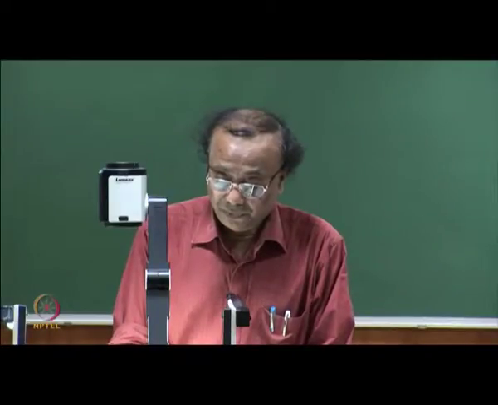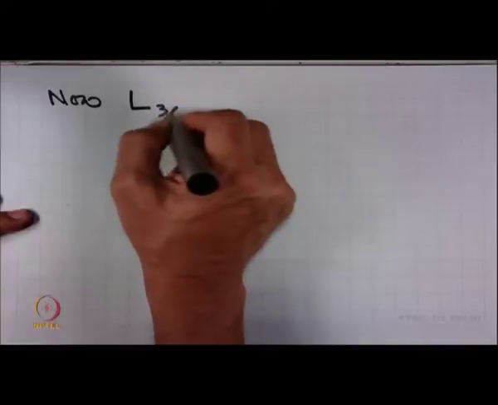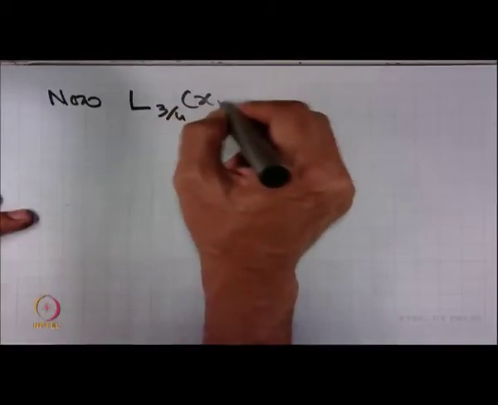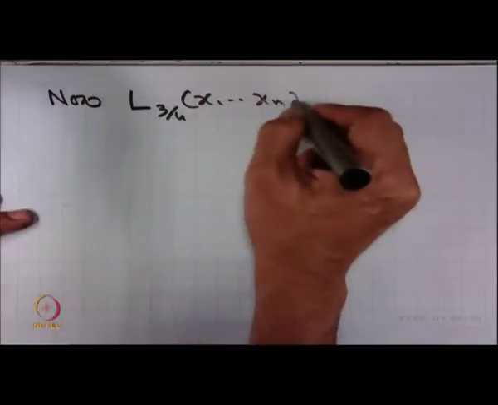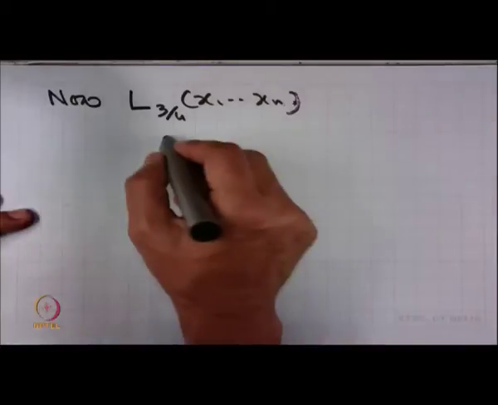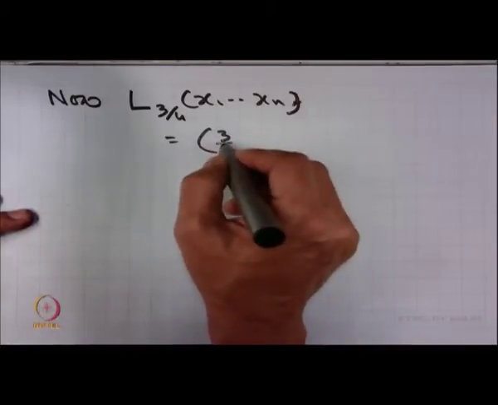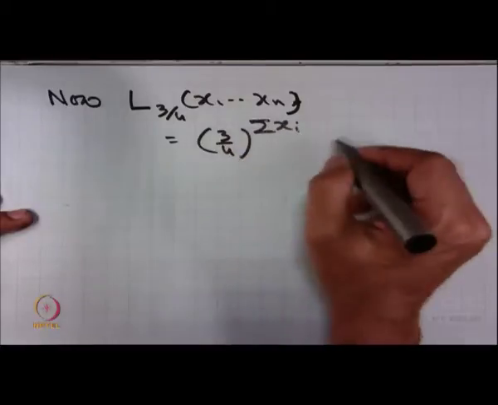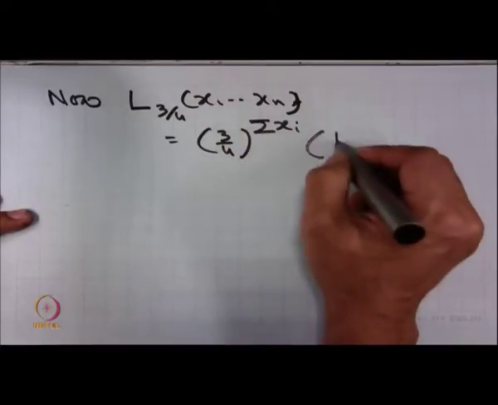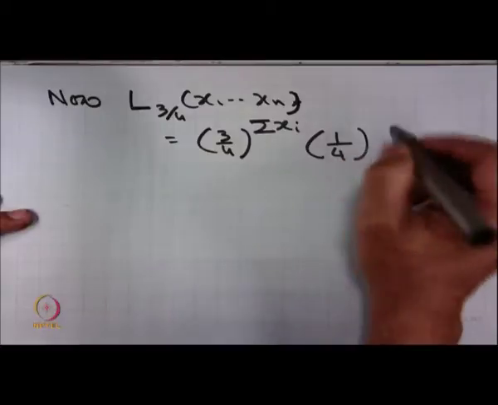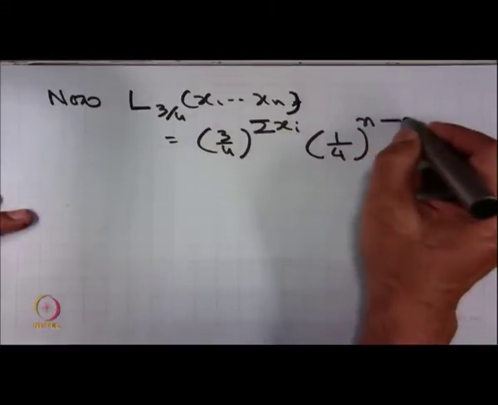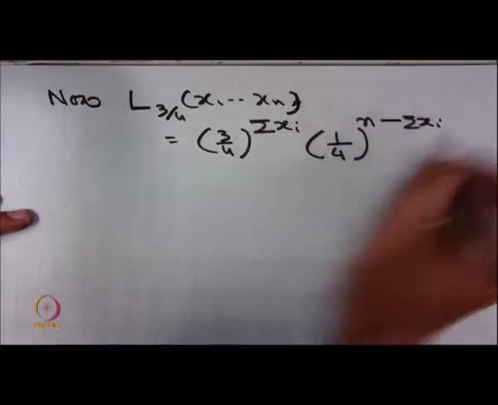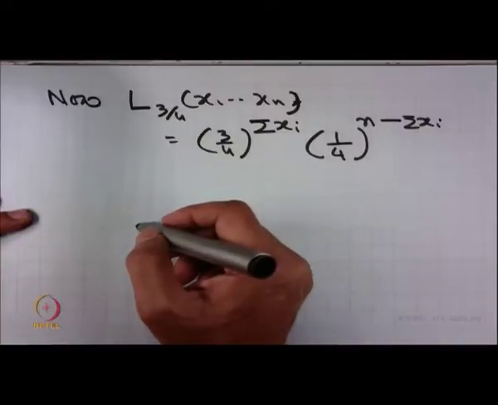Now, L 3/4 of x1 x2 xn is equal to 3 by 4 to the power sigma xi into 1 by 4 to the power n minus sigma xi.